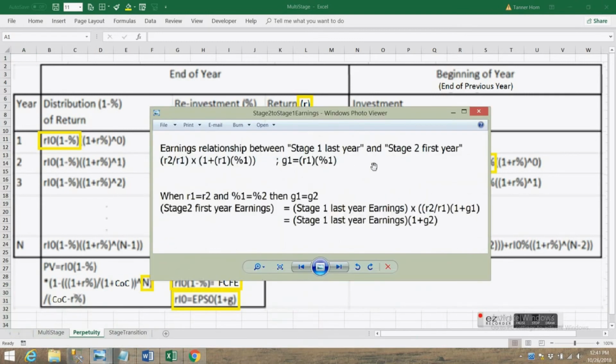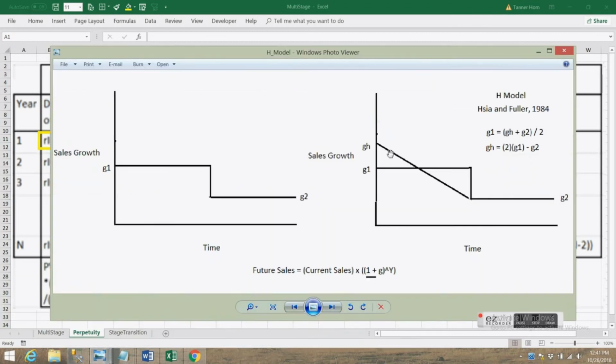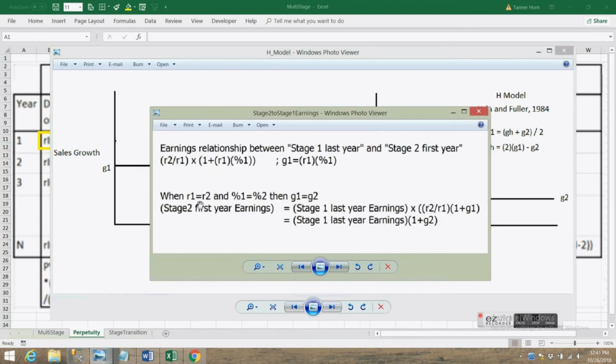And just to make that clear, that is what we just did: the relationship between the last year of stage 1 earnings and the first year of stage 2's earnings is this expression here. But if you assume, like we did with the H model, that this last year of stage 1 has reached the same growth rate as stage 2, you can assume that the rates of return between those 2 years are the same.